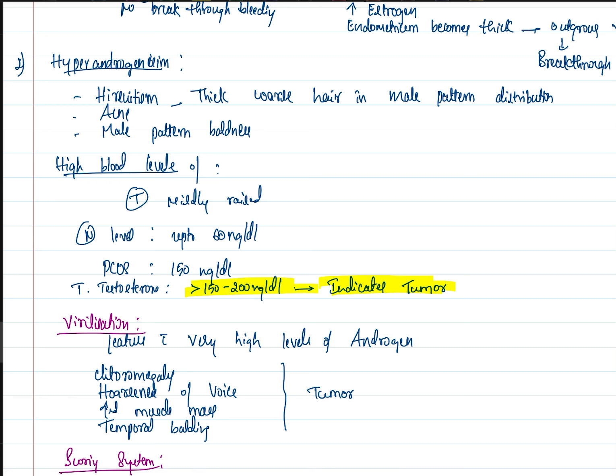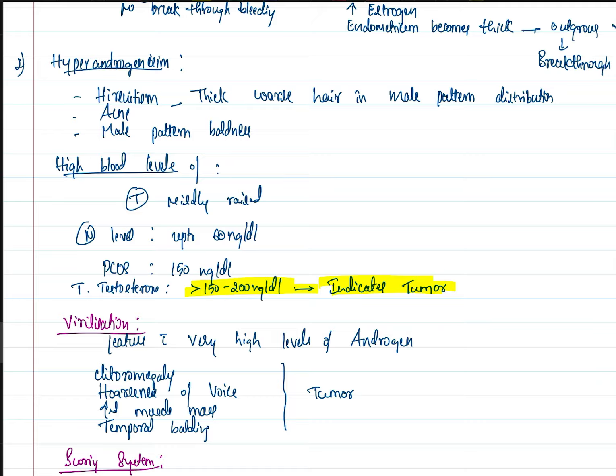On biochemical parameters, there will be increased testosterone level. Normally the levels will be up to 60 nanogram per deciliter, but in PCOS it reaches 150 nanogram per deciliter. But anything more than 150 will tell you that this is because of a tumor which secretes testosterone. So we have to evaluate for that.